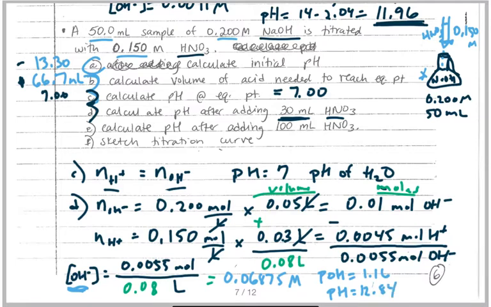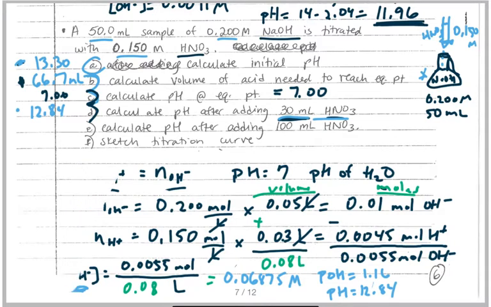So if we pencil that in up here, 12.84, and we check that makes sense because the initial pH was 13.30, and we did add some acid, so we would expect the pH to go down, and it did, but just a little bit, because that's the pattern that we see with strong acid, strong base titration.